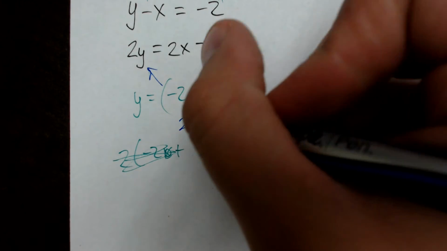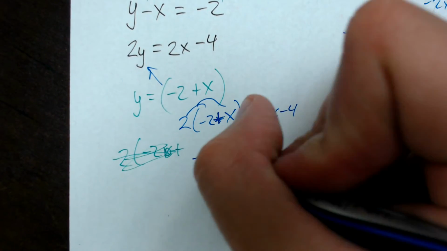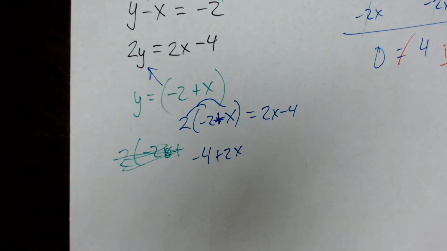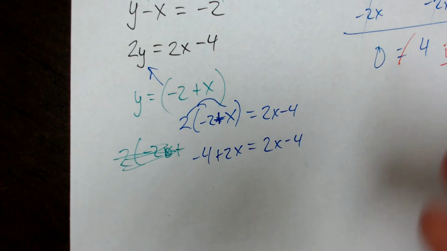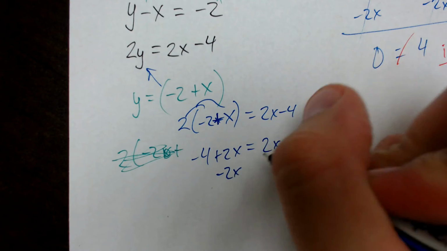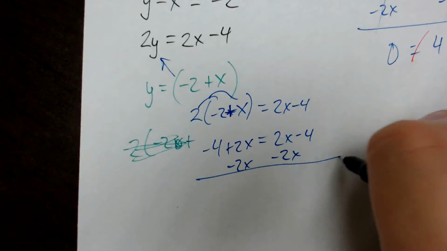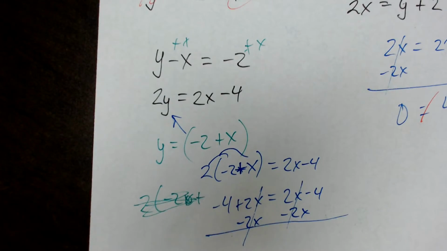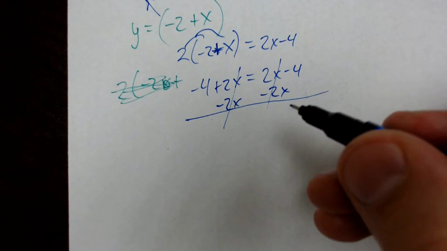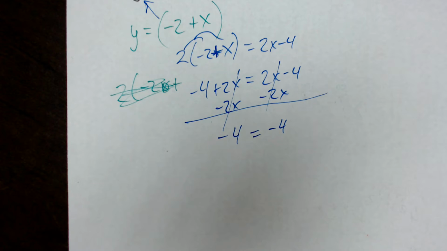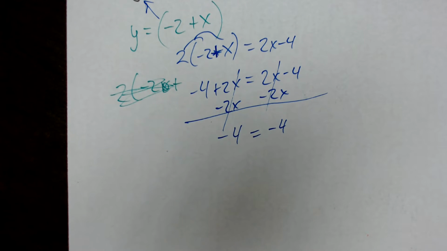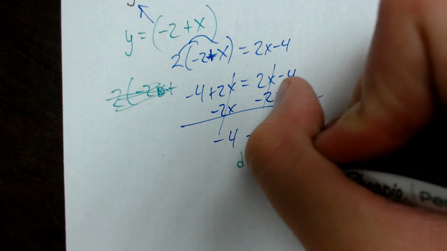Now, when I distribute here, I get -4 plus 2x equals 2x minus 4. If I subtract 2x from each side, the x's cancel. And then I'm left with -4 is equal to -4. So this is what we call a dependent equation, right? So this is dependent.